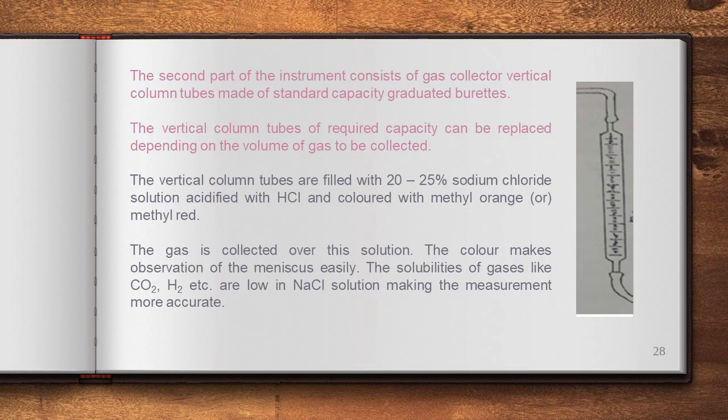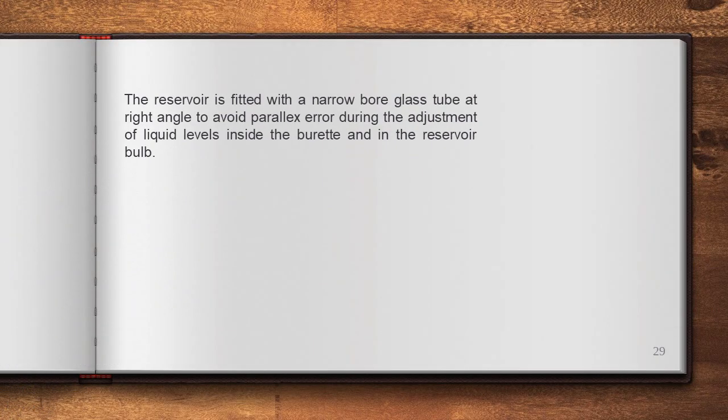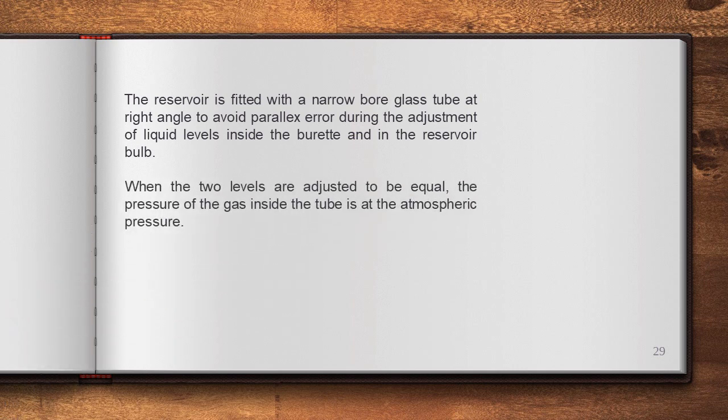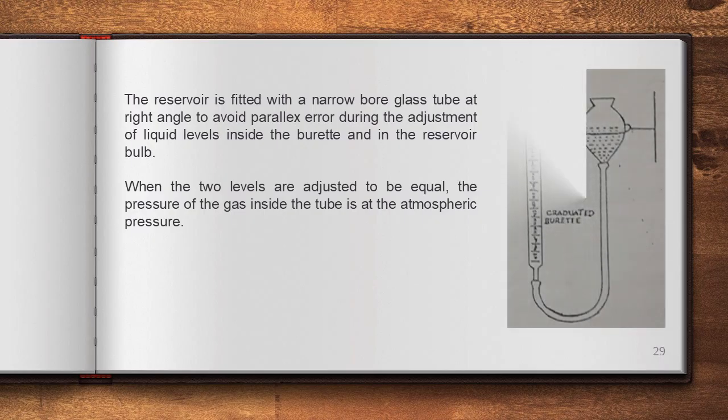measurement more accurate. The reservoir is fitted with a narrow bore glass tube at right angle to avoid parallax error during the adjustment of the liquid levels inside the burette and in the reservoir bulb.